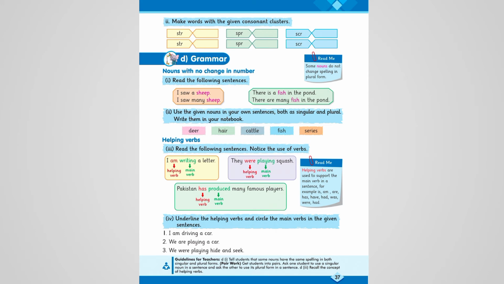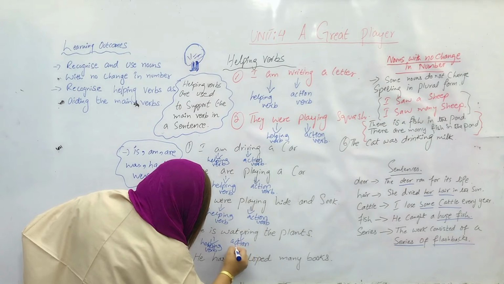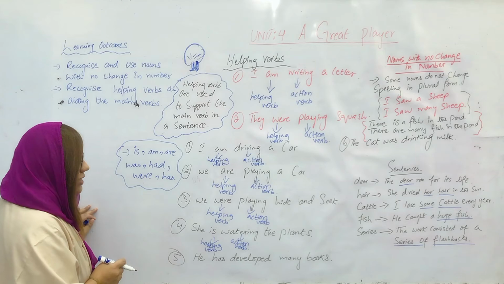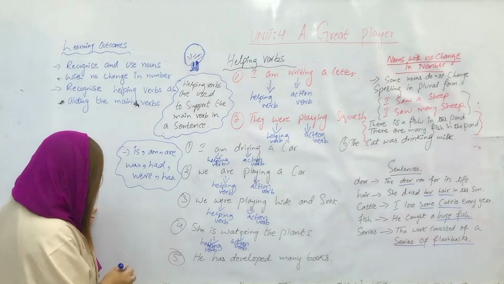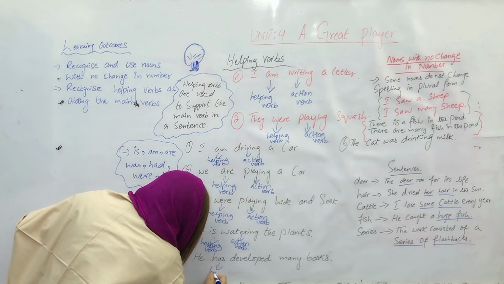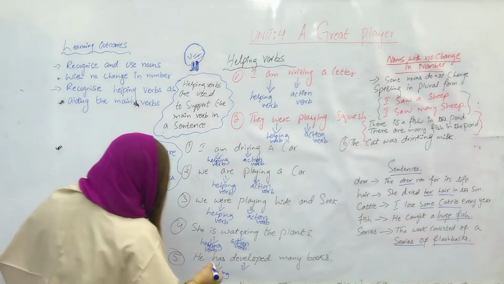Move to another one. She is watering the plants. Is is a helping verb, and watering is an action verb. He has developed many books. Has is a helping verb, and developed is obviously some kind of action.